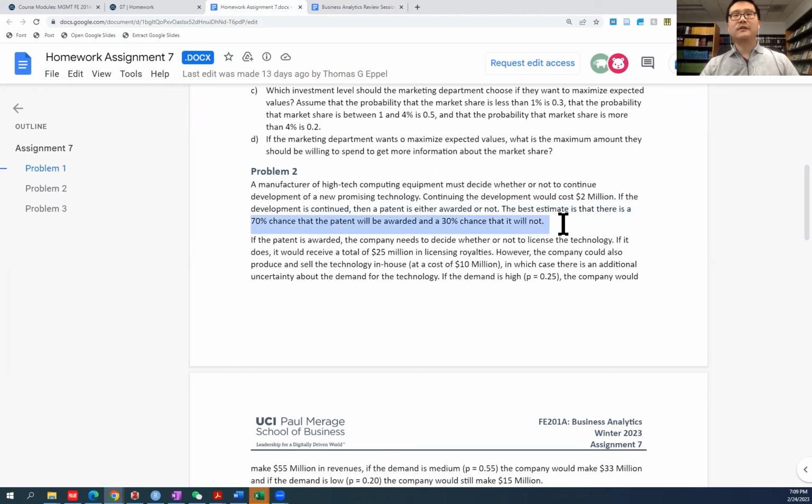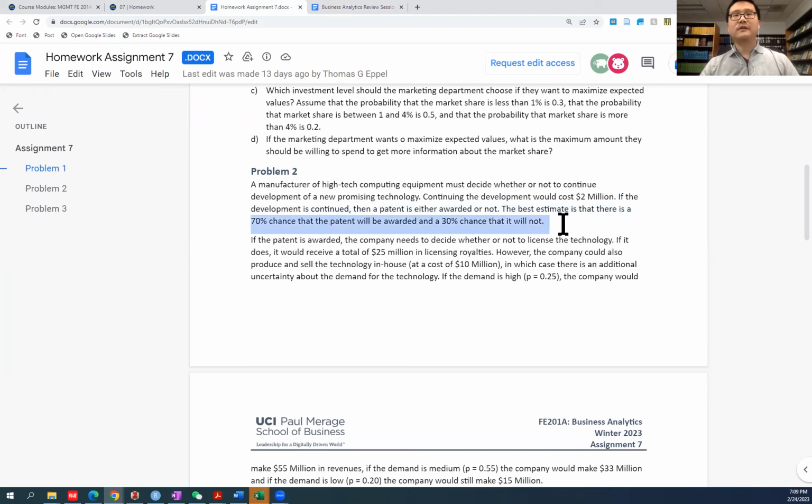However, if we sell in-house, there's a cost, but there's also expected value depending on the demand. The demand comes in 3 levels, as mentioned by T, at different probabilities, and associated with each of them is the expected revenue.